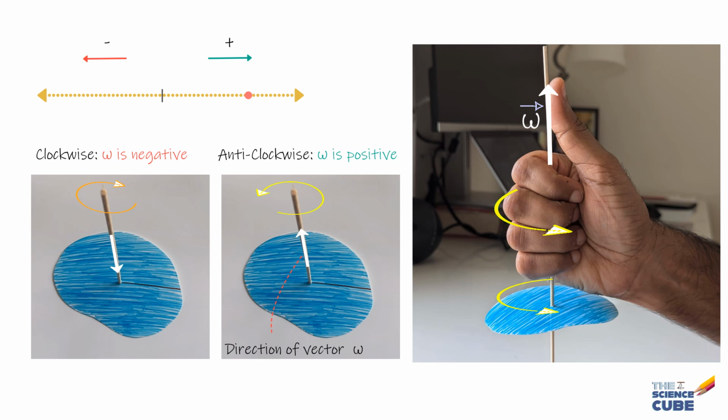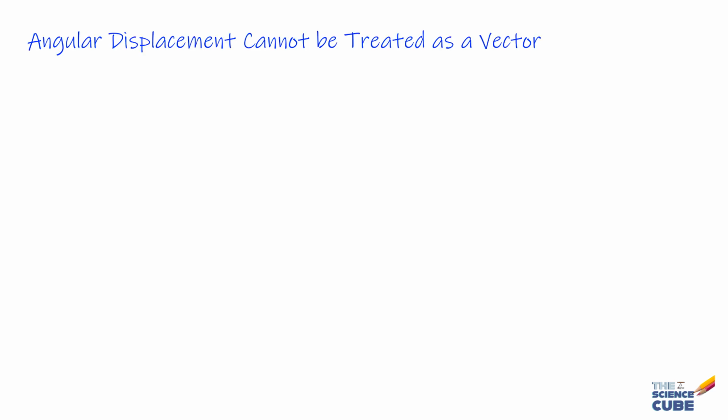So remember, when we talk about pure rotation, a vector defines the axis of rotation, not a direction in which something moves. Now comes the strange nature of rotation when we talk about angular displacement as a vector, and that is, it cannot be treated as a vector. And why so? Well, we can certainly give them both magnitude and direction quite the way we did for the angular velocity vector.